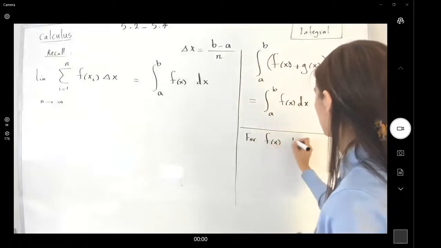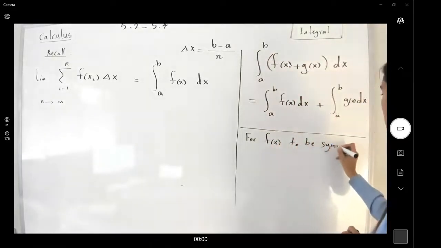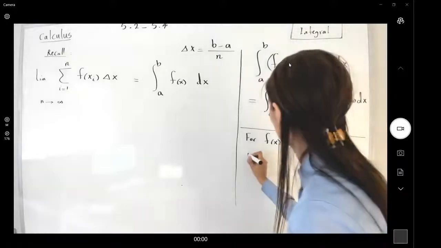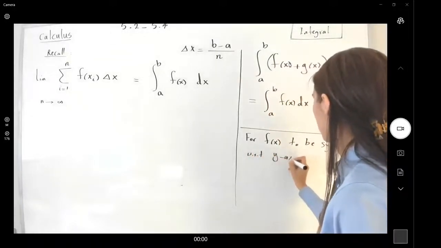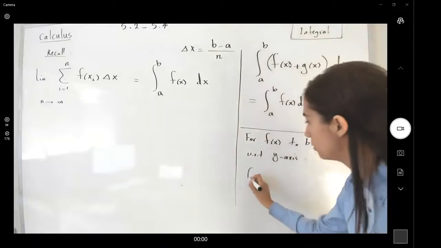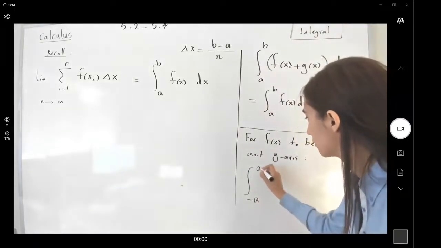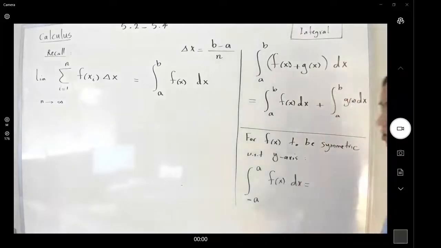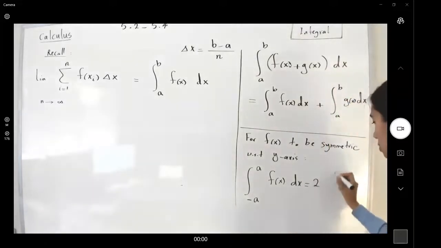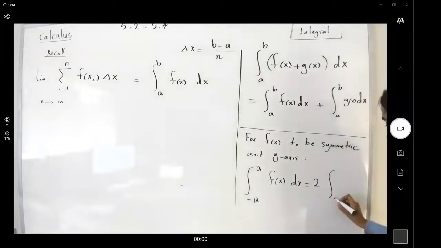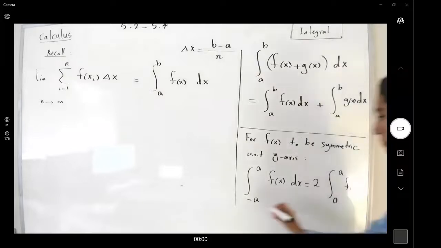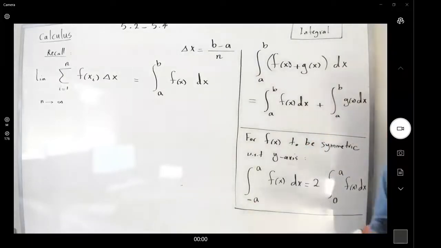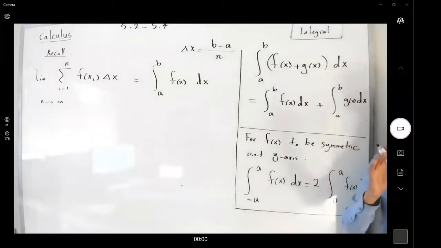For f to be symmetric with respect to the y-axis, remember that the integral from negative a to a of f of x dx is equal to 2 times, now we change the lower bound to 0 and the upper bound stays the same as a, the integral of f of x dx.